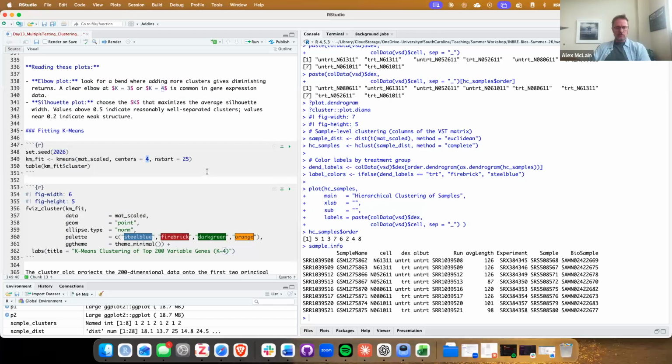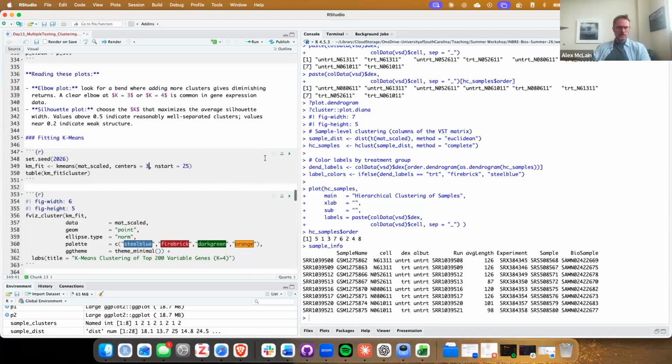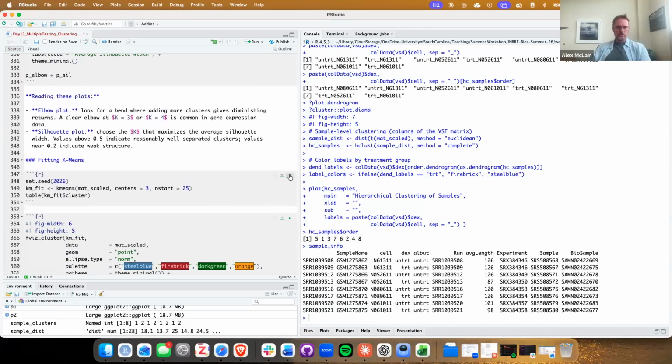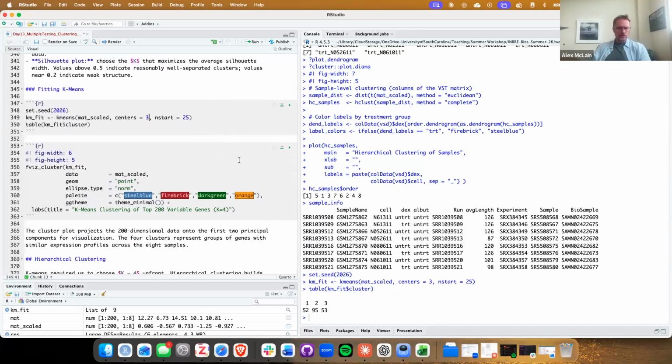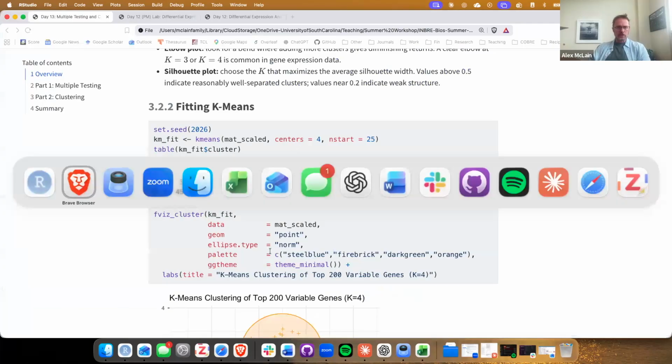I think I have this loaded in here. Okay, so that's how it looks with 3 clusters. Let's take one of these off. And so with 3 clusters, we end up with 52, 95, and 53.